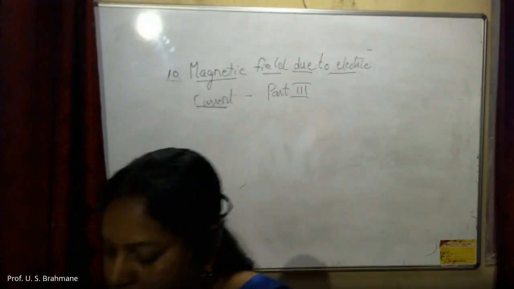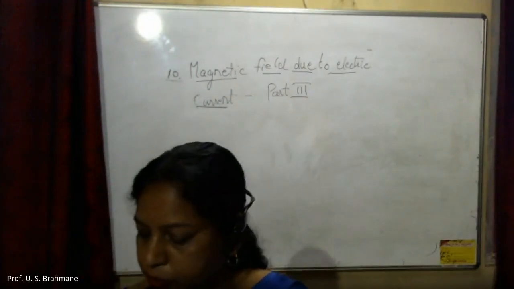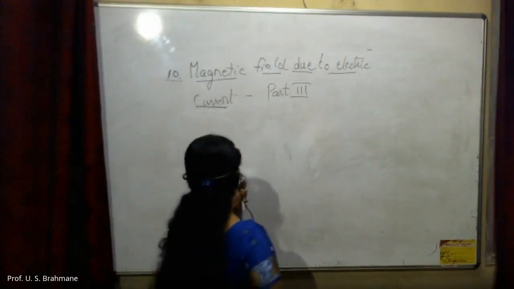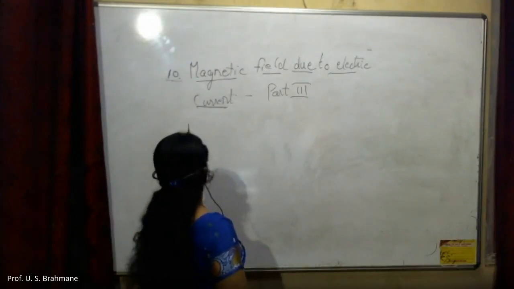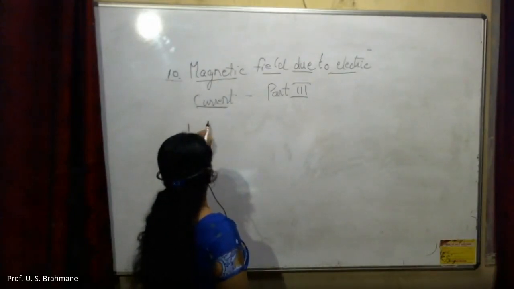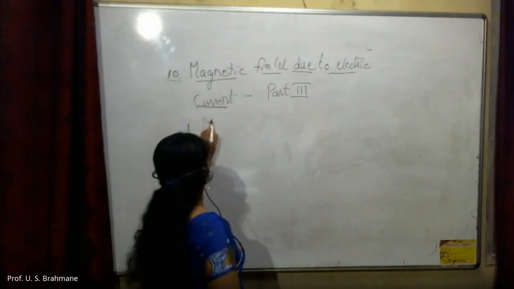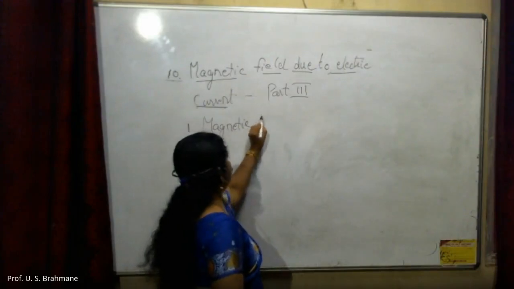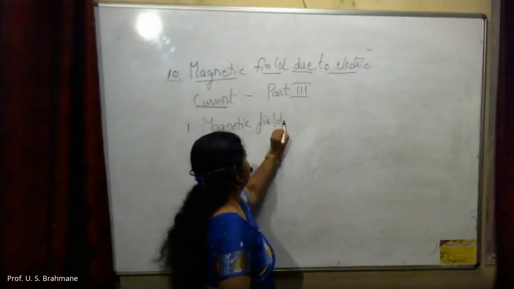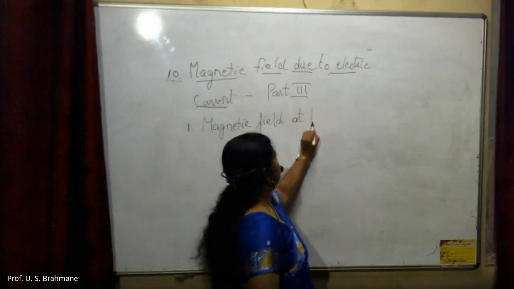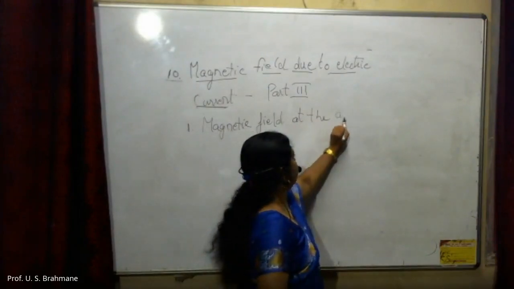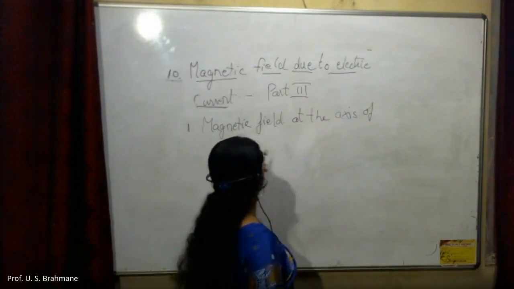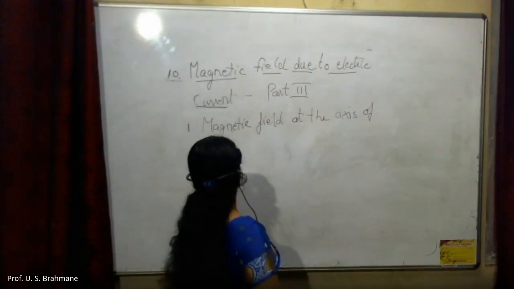Now we'll go for the presentation. So we'll have magnetic field at the axis of a current carrying loop.